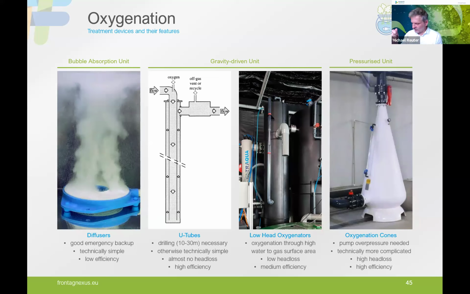So it's quite efficient, but it needs a lot of energy and has a high head loss. So these would be the drawbacks of this method. That's why I personally prefer the gravity-driven units that are more efficient energy-wise.